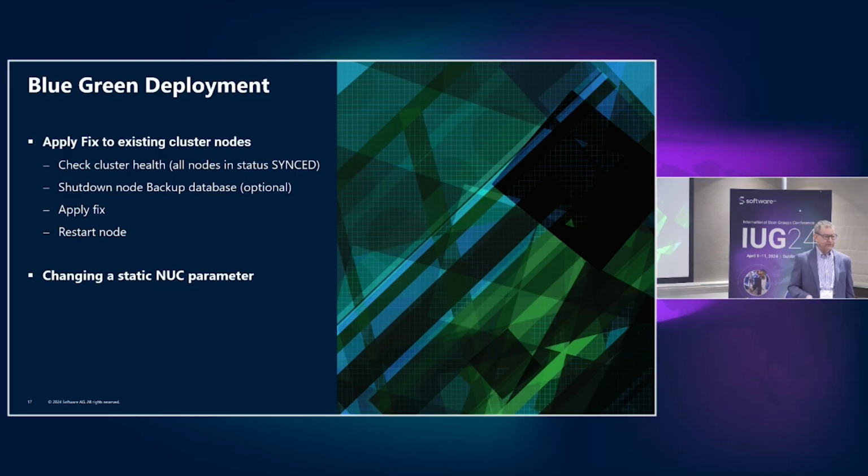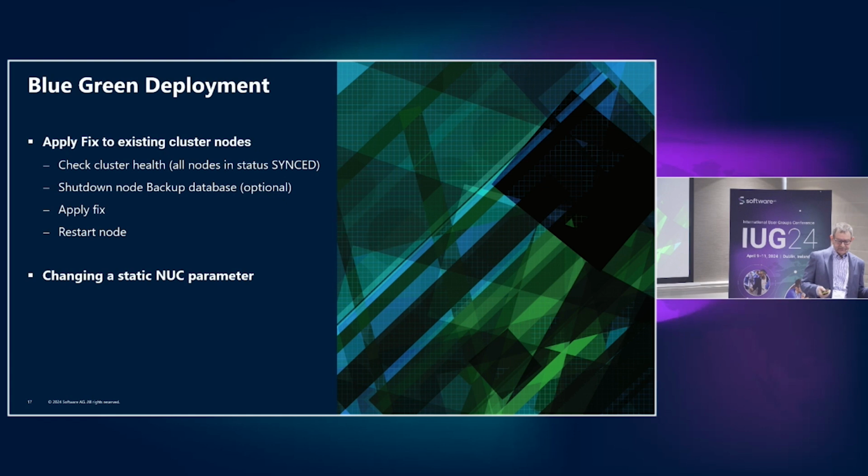So, talking about blue-green deployments. As you know, it would allow us to change something in our environment without affecting the availability, so that I can very easily update, for example, a static parameter. How do I change my buffer pool size without affecting my current production?